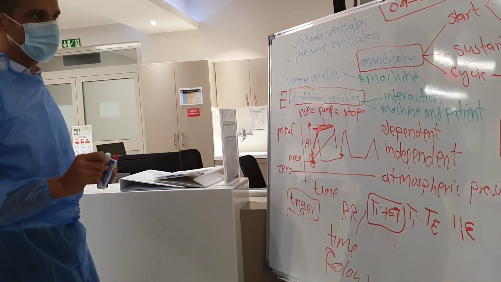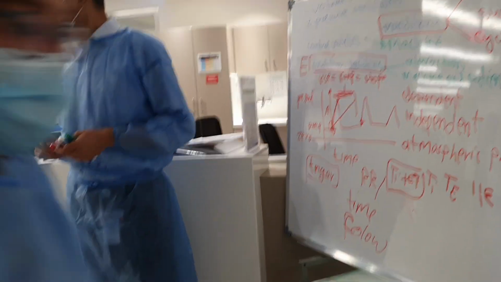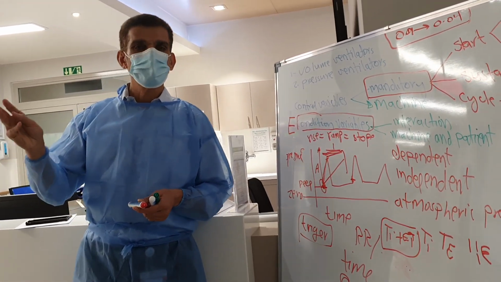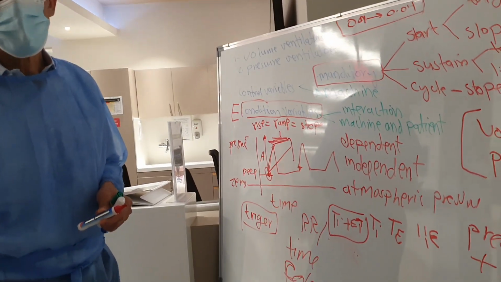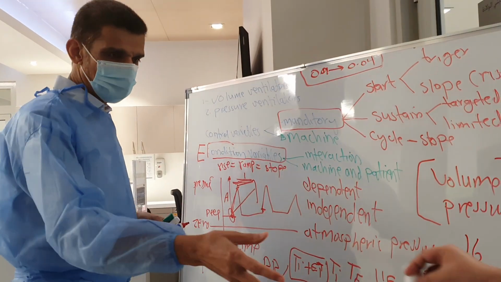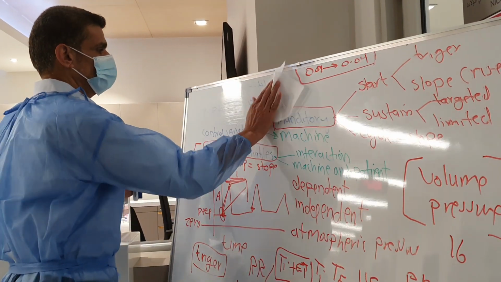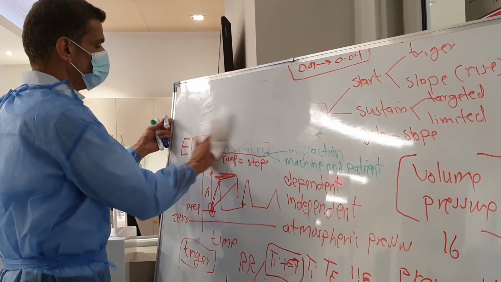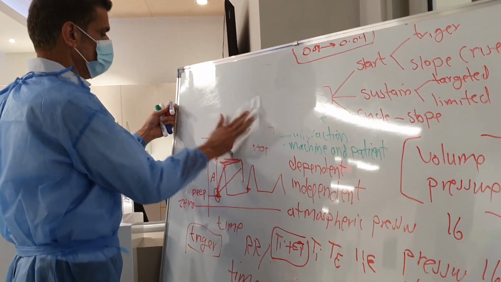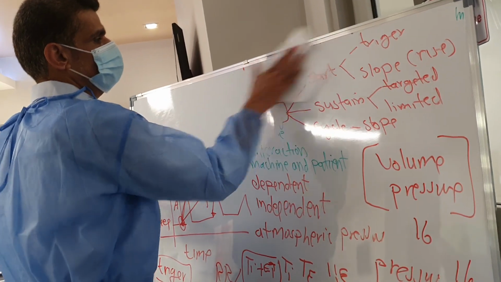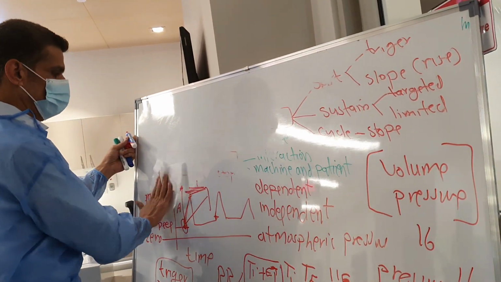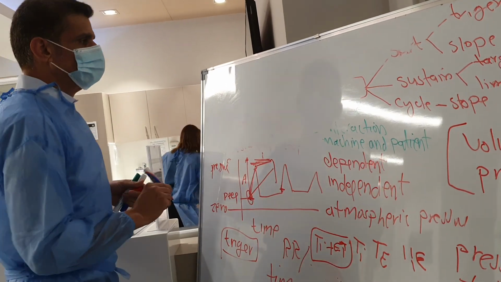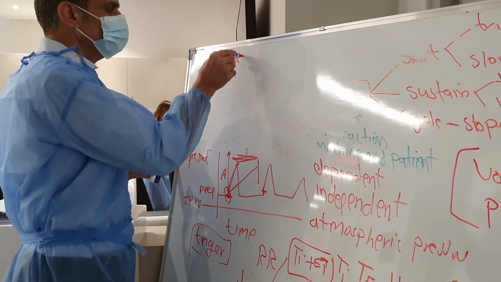We have 3 types of breath. We have the mandatory, we have the assisted, and we have spontaneous. So always look at 3 ways. So you have mandatory.